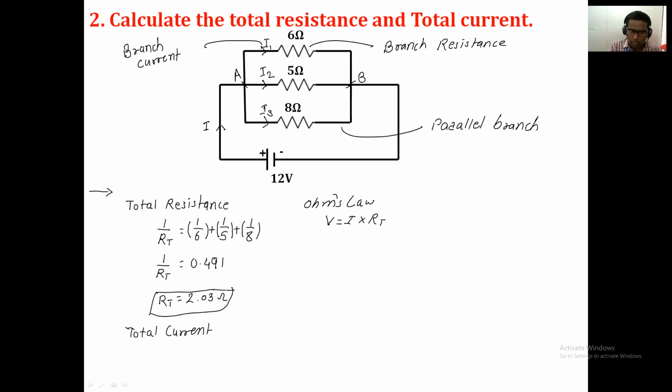This is the total voltage, this is the total current, and this is the total resistance. So total voltage is 12, I we have to calculate, and R total is 2.03. So I is equal to 12 divided by 2.03. So I becomes 5.911 ampere.